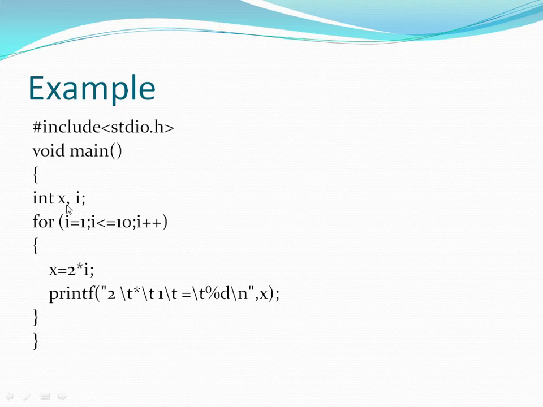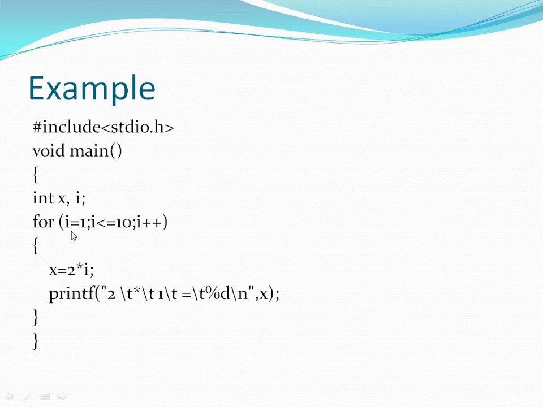And we have declared two variables, x and i, and we are using a for loop here: for i equal to 1; i less than or equal to 10; i plus plus.